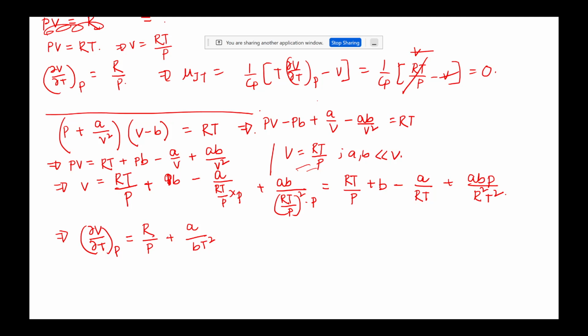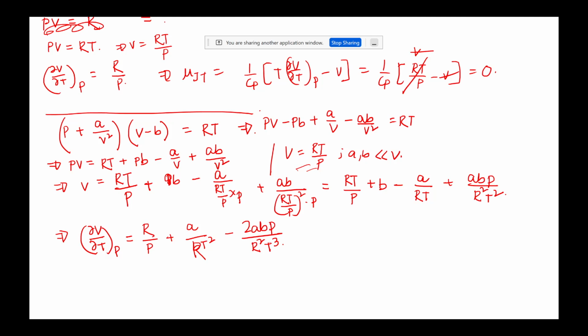Okay, so this was our expression, del V del T. So this is R by P, plus A by RT square, minus 2ABP by R square T cube.